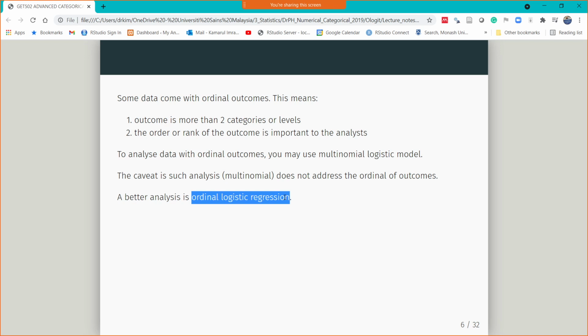So I think I should correct this: a better analysis is an analysis that treats ordinality as the outcome. That would be the better sentence here. So we don't restrict ourselves to ordinal logistic regression, because there are other analytical methods in addition to ordinal logistic regression to analyze this.